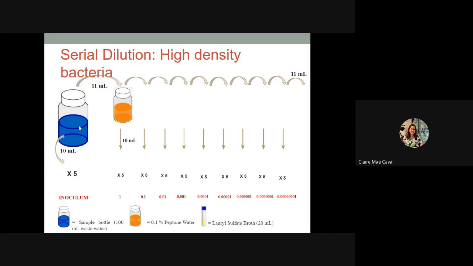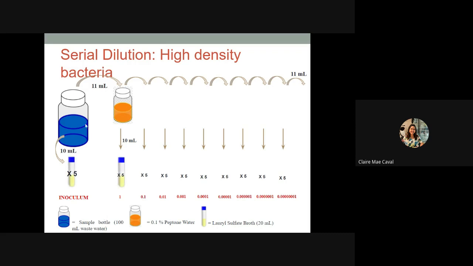So again, 10 ml yung ipapipette natin sa 5 lauryl sulfate broth. And then you pipette another 11 ml doon sa peptone water. And then you shake it properly or vigorously to ensure even distribution of bacteria. And then iset aside muna natin si peptone water.